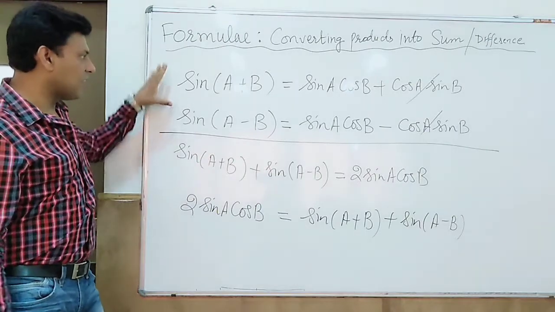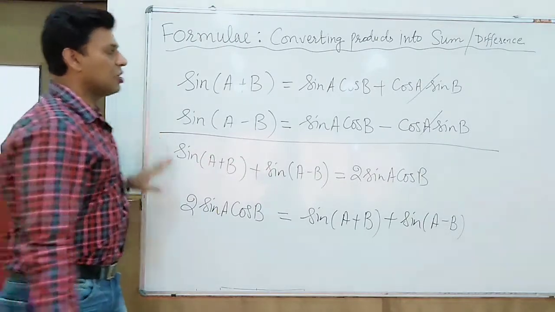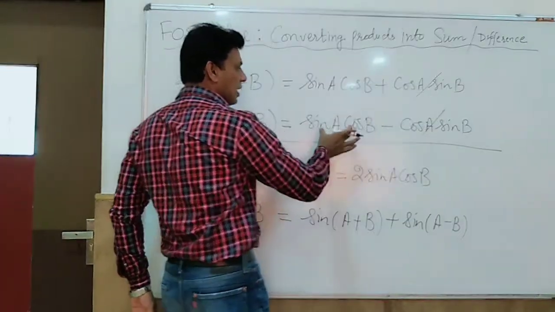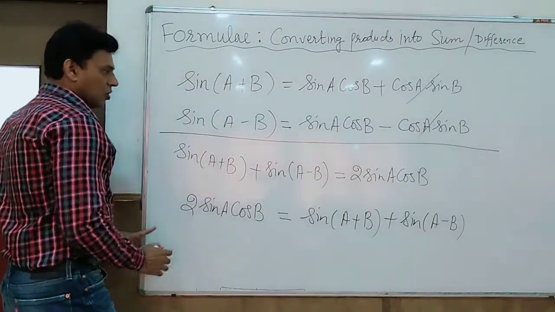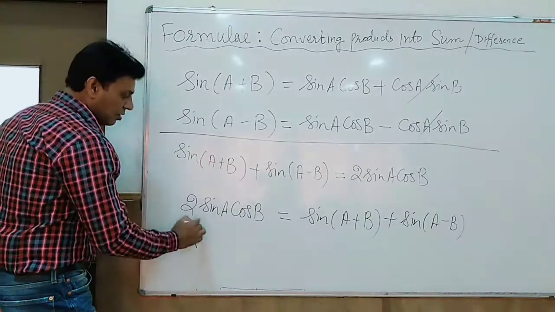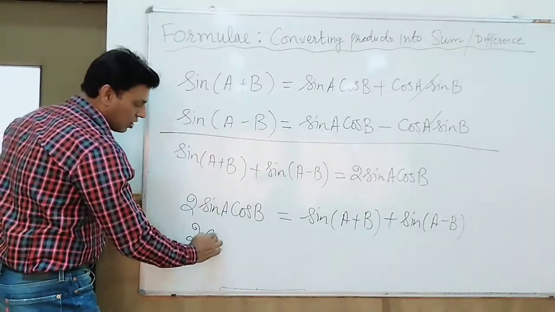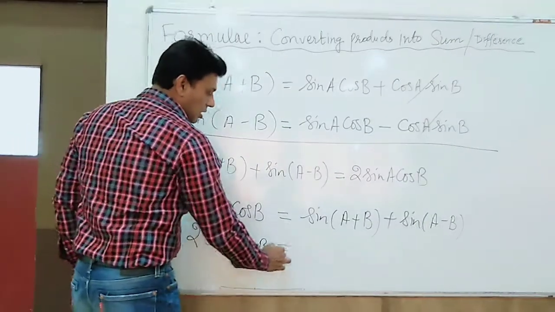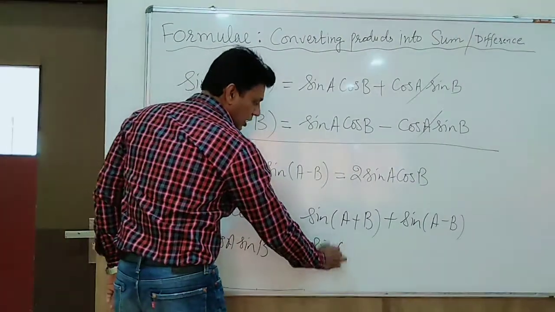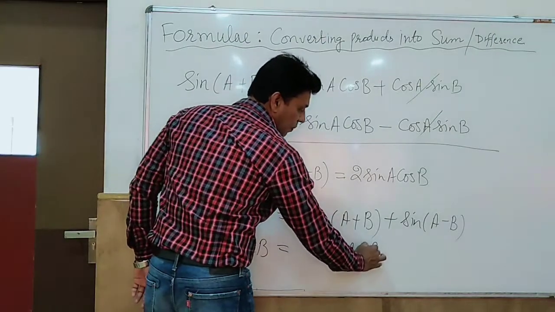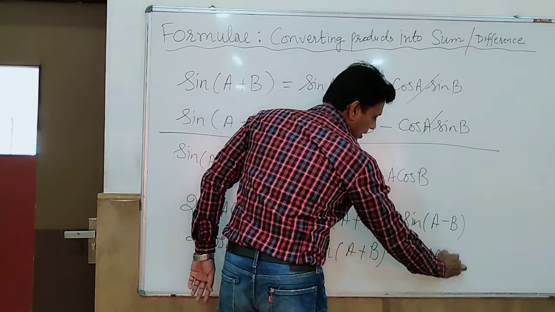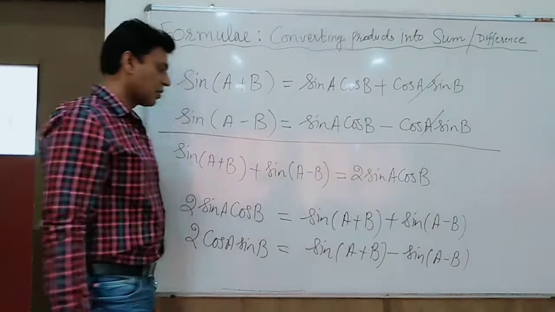What would happen if we subtract these two equations? Then the sin A cos B terms will cancel, and we get the formula 2 cos A sin B equals, since we have subtracted, sin(A+B) minus sin(A-B).